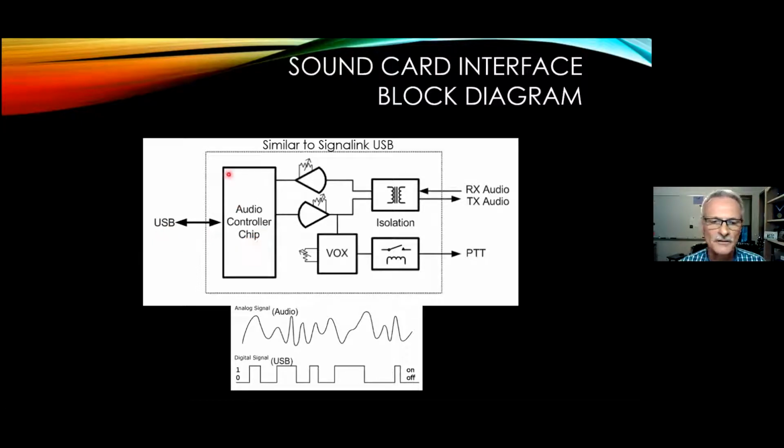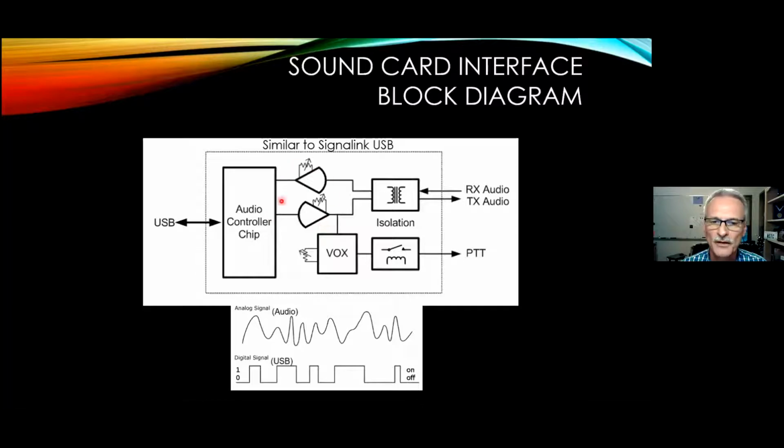And inside there's going to be an audio controller chip of some kind, and that's going to have the digital to analog converter and the analog to digital converter, possibly some other I/O lines in there, to drive LEDs or to respond to switches or something like that.